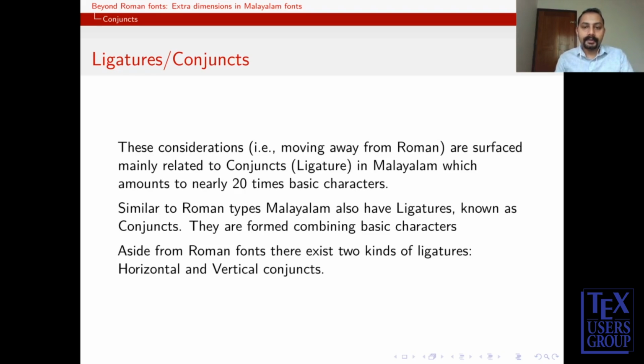Malayalam script, especially the traditional script, has an abundance of conjuncts, about 900 of them. But apart from the Roman fonts, the Latin fonts, Malayalam script has two kinds of ligatures. One is a horizontal form and the second one is a vertical conjunct or a stacked form.